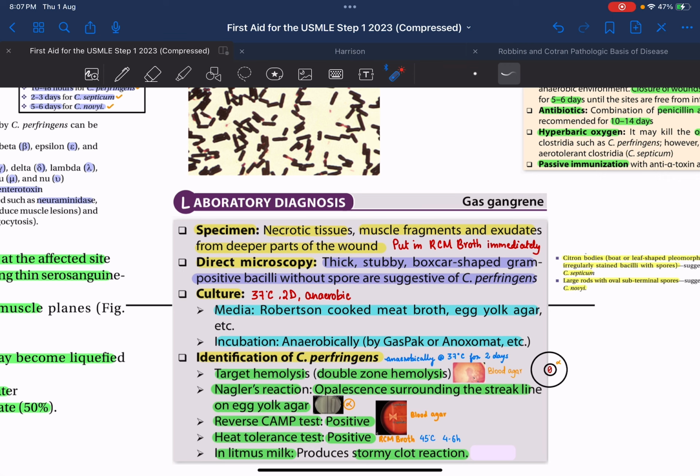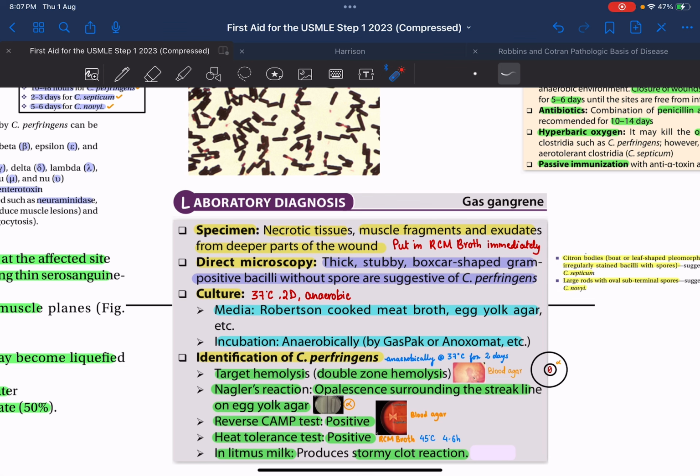This is basically an infusion broth. It provides an anaerobic medium. You just need that there should be no interaction of oxygen at all, okay. So the specimen we take is necrotic tissue, muscle fragment, or exudates from the deeper parts of the wound, and we immediately put it in RCM broth.